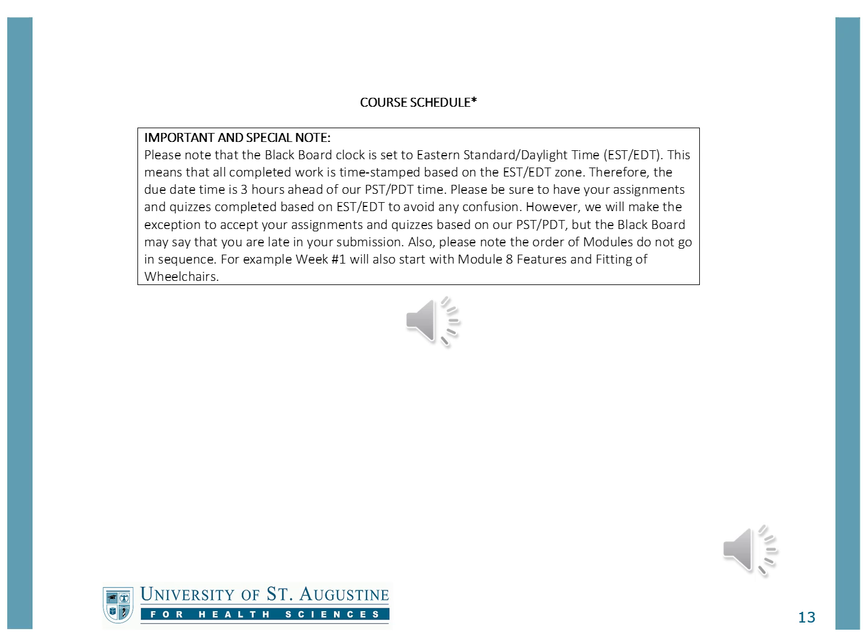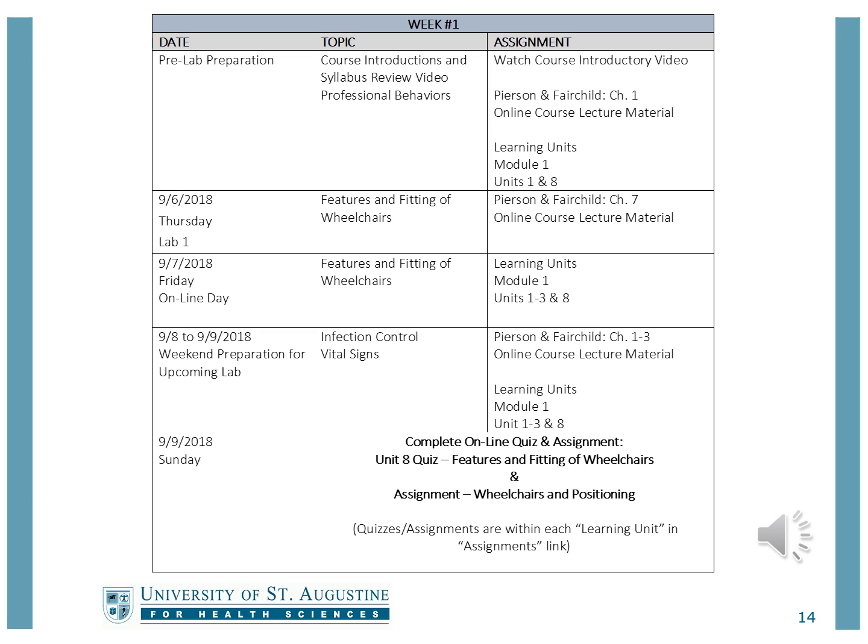Also, the modules are done a little bit out of sequence. You'll see that we are going to start with Module 8 this week, working with wheelchairs and the features and fittings of wheelchairs within your first week of lab activities. As you go through the last pages of your syllabus, you'll see the week-to-week breakdown. For this week, you have some pre-lab preparation.